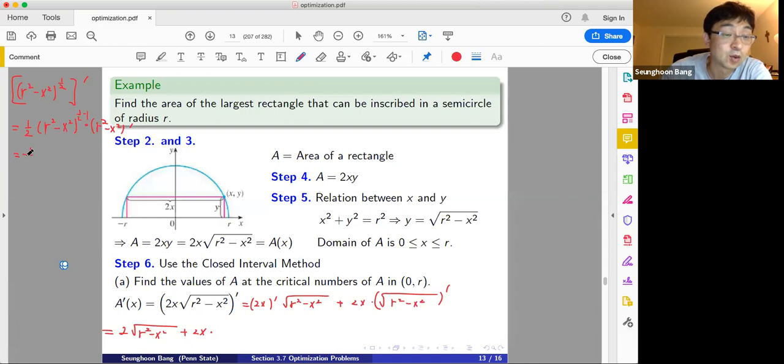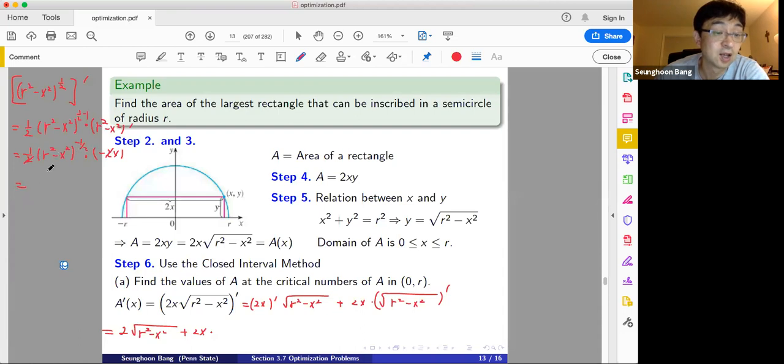So this is 1/2 times (r squared minus x squared) to the power negative 1/2 times the derivative. Be really careful. What's the variable? The variable is x. The r is a fixed number, like a constant. So r squared is a constant, and the derivative of a constant is 0, not 2r, just 0. The derivative of negative x squared is negative 2x. So the 2 is crossed out.